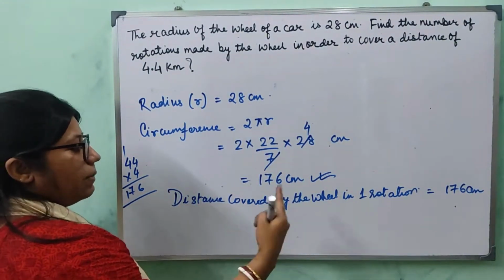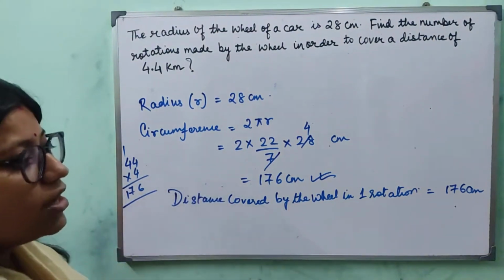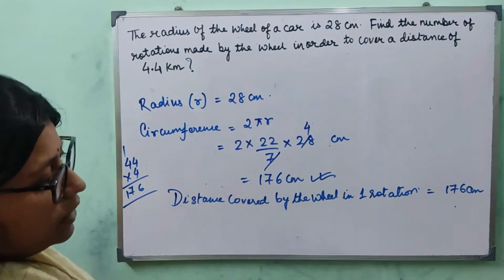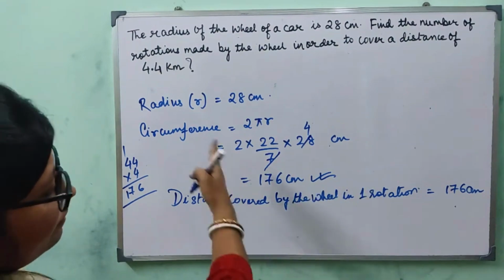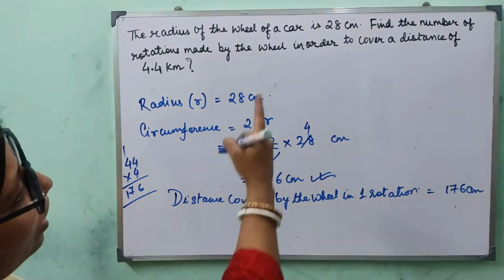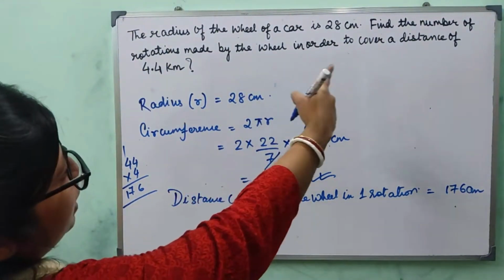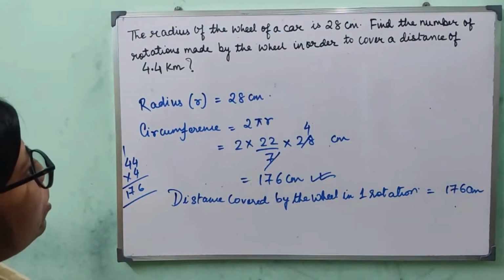So the distance covered by the wheel in one rotation is the circumference of the wheel, which is 176 centimeter for this sum.